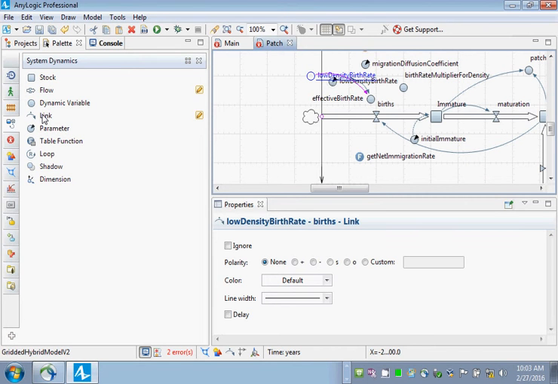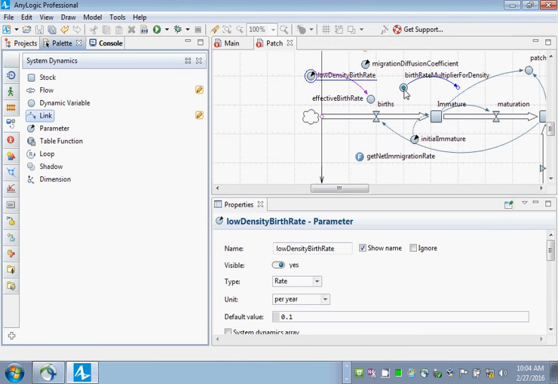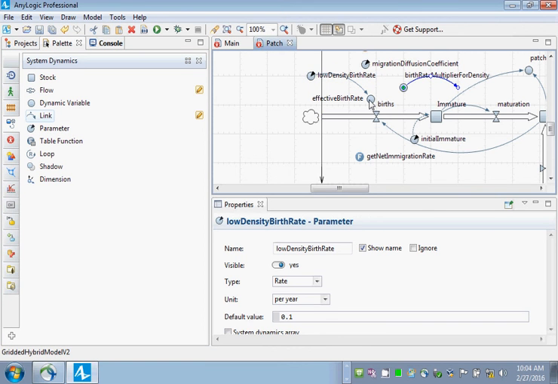Now this birth rate multiplier for density, based on its name, you know it's got to depend on the density of this patch, the number of organisms in it. So it needs to depend on this patch population here.